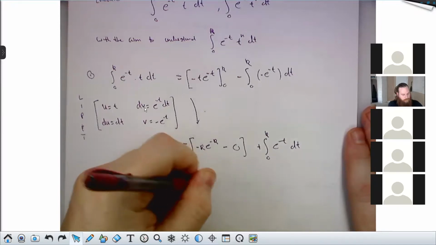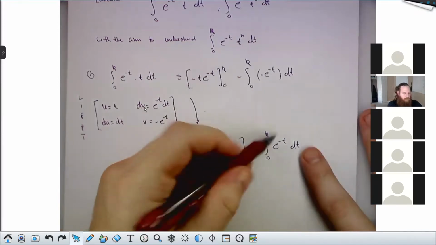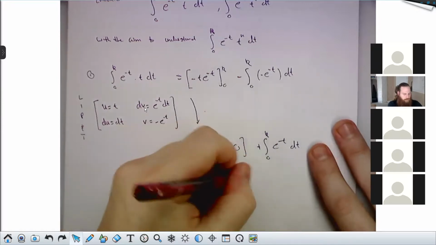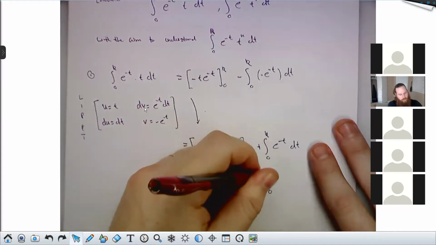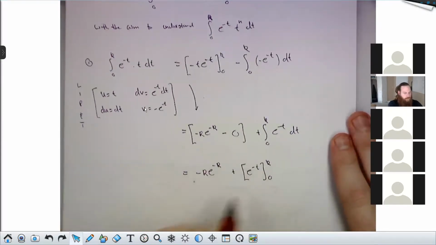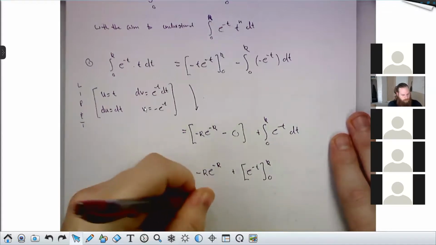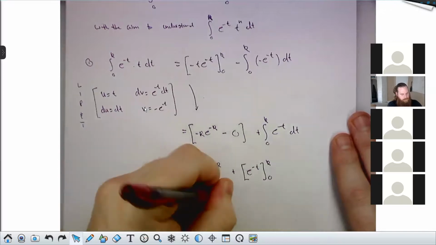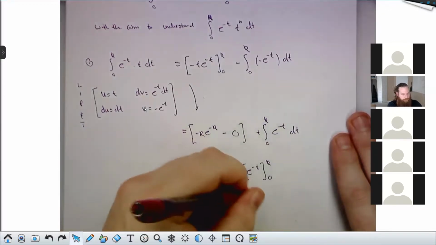So this is negative r times e to the negative r plus, now here I find my antiderivative, that's just e to the negative t. And we evaluate it from 0 to r. At 0 here, I'll get 1. And at the upper bound, I'll get e to the negative r.